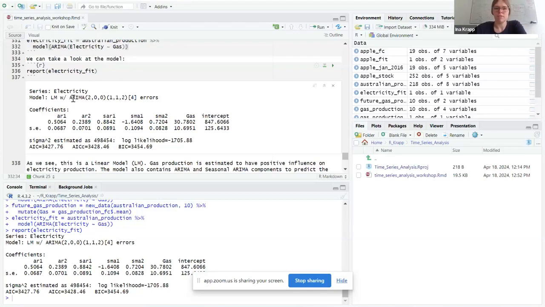But we also have this whole ARIMA component, which, as I mentioned before, can become fairly complex. This time we have autoregressive components. We have again seasonal components. Electricity production too has this seasonality with 4 seasons. And we have the influence of the gas production on electricity production, which is positive.